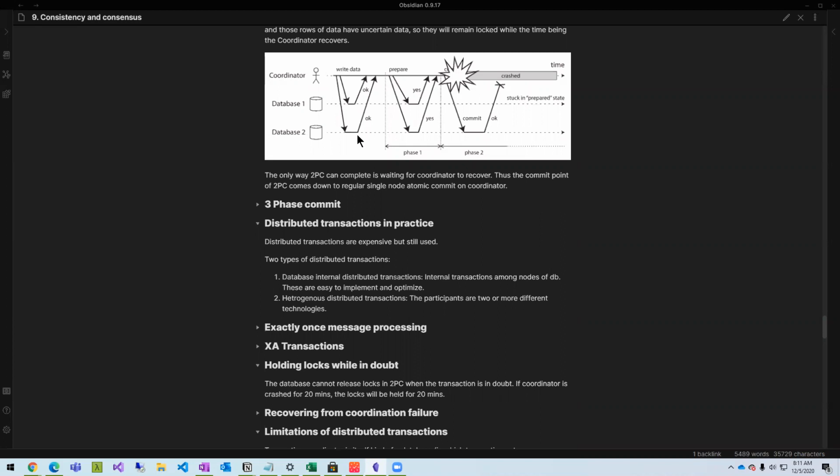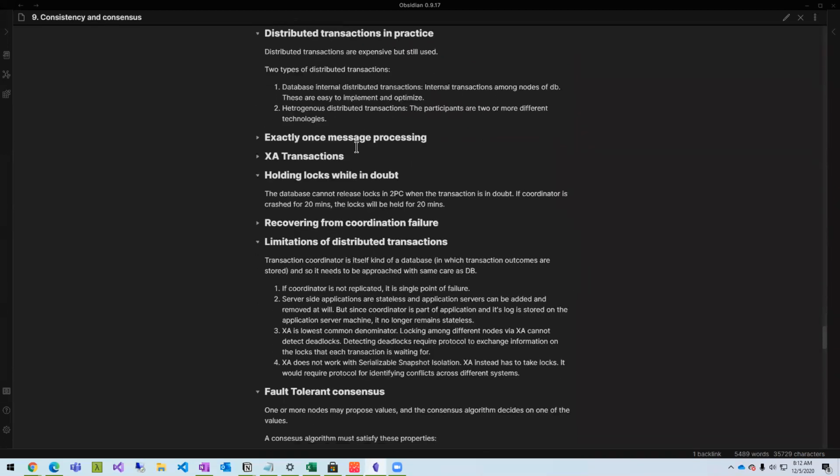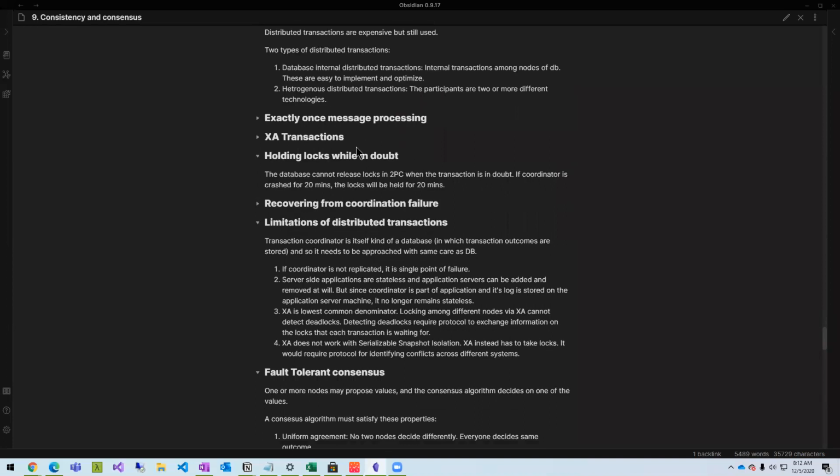It could be implemented, but again they need to send messages across, which is not implemented by most databases. So that's why XA is mostly implemented by taking pessimistic locks instead of optimistic locking.